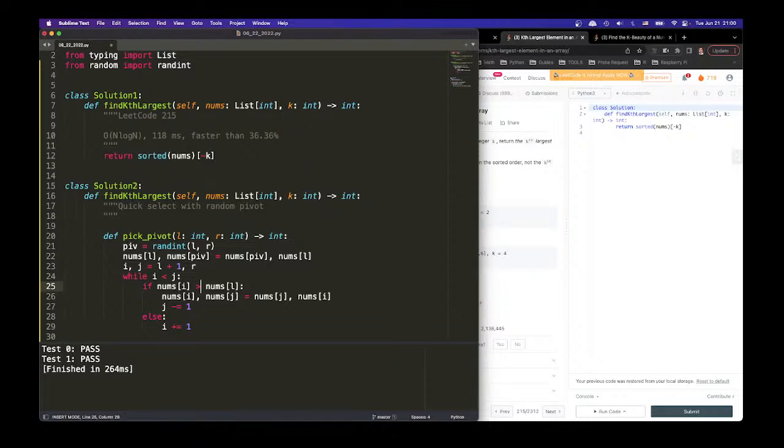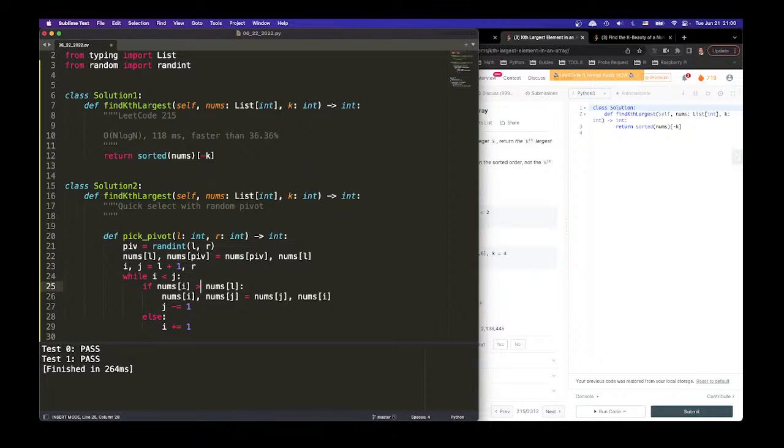So that could be still a larger value, or I swap, this could be a smaller value. So this could be large, could be small. Again, we have to check when they come out. We check I, see if it's larger or smaller.